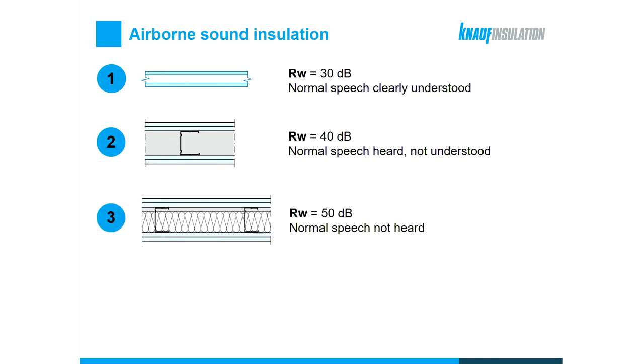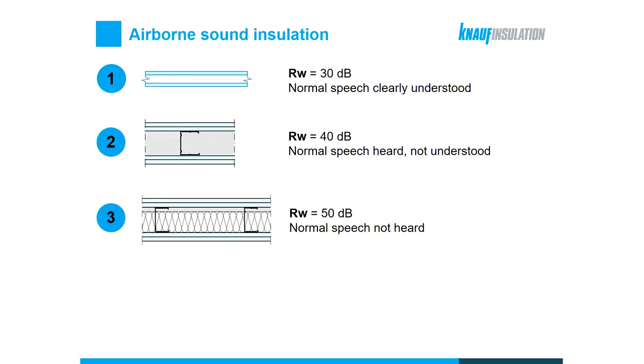Now, if we move even further, we upgrade our wall to Rw of 50 decibels, maybe just by filling this drywall with the mineral wool insulation, we come to the point where normal speech is no longer heard. And this level of insulation is usually considered as the basic for residential spaces.